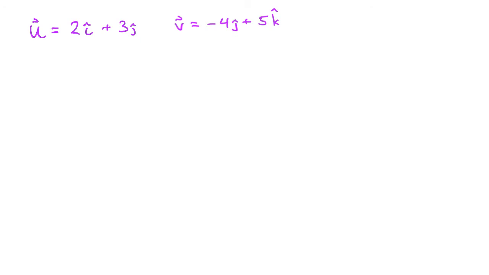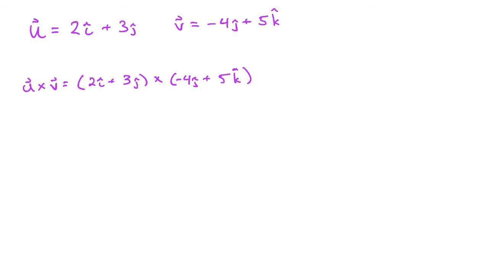If we wanted to compute the cross product of u and v, then we're really taking the cross product of 2i plus 3j cross i minus 4j plus 5k.